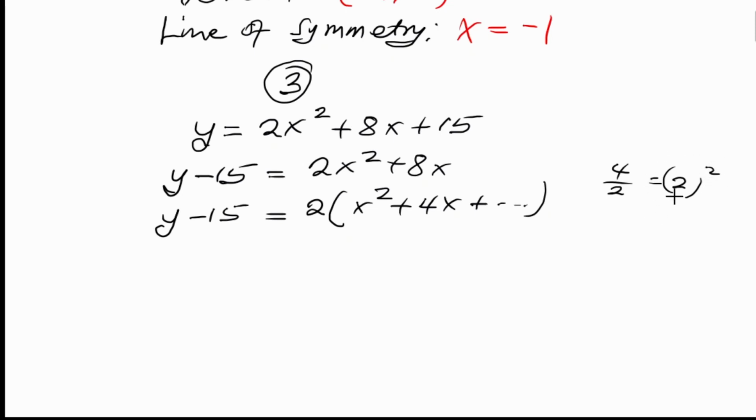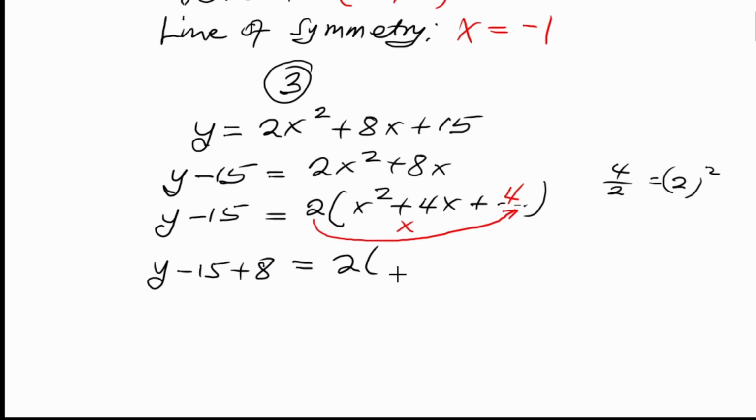After squaring the 2, we add it here, and then after that we use these 2 to multiply the 4 before adding to the left side, and that now becomes y minus 15 plus 8, which is 2 times 4, and then that gives us 2 parentheses.